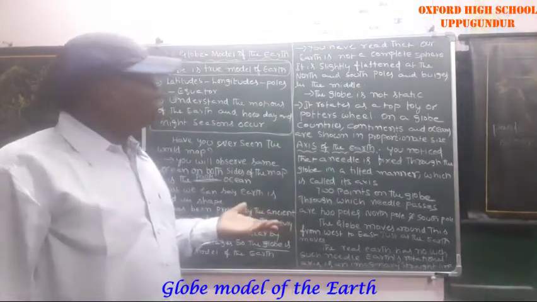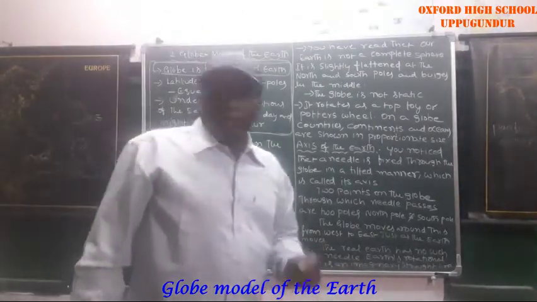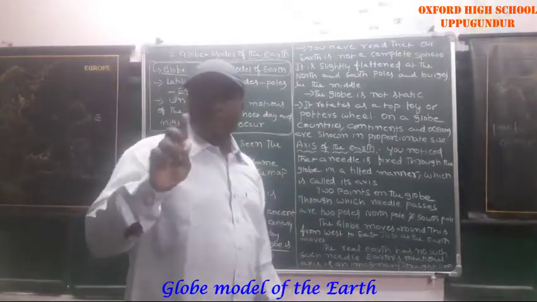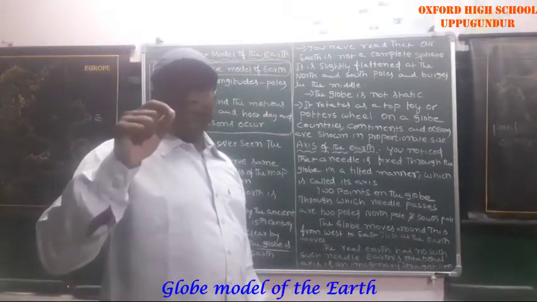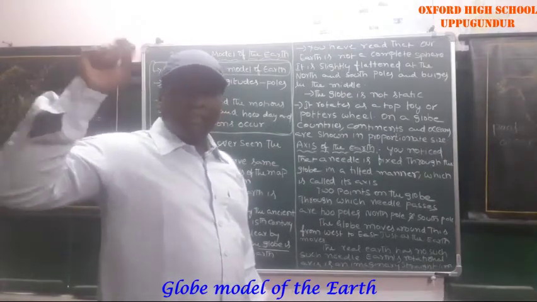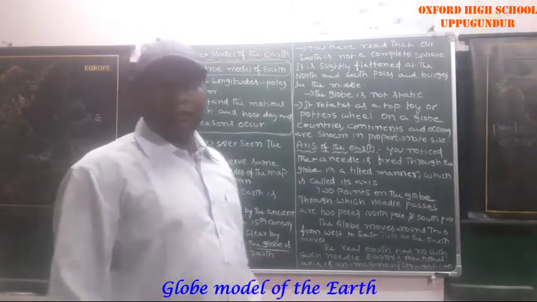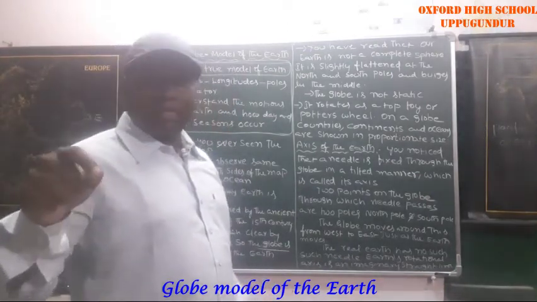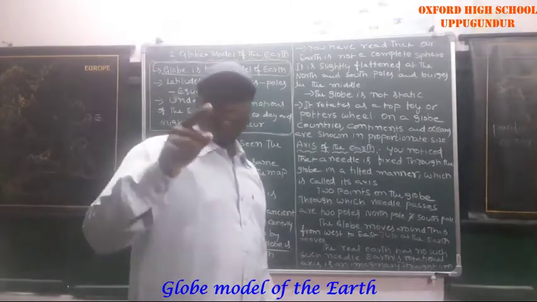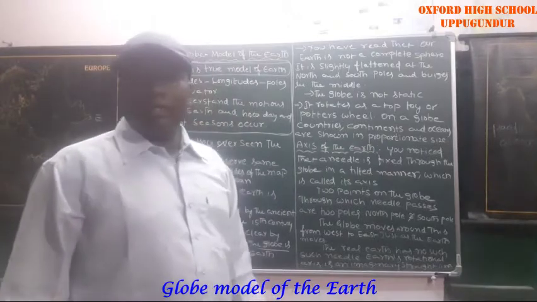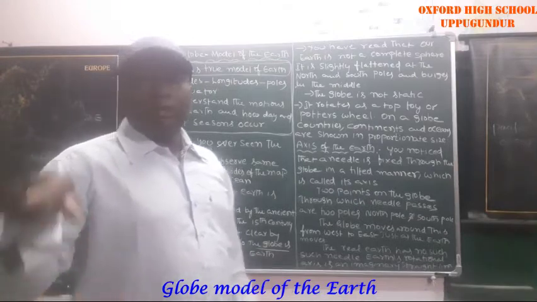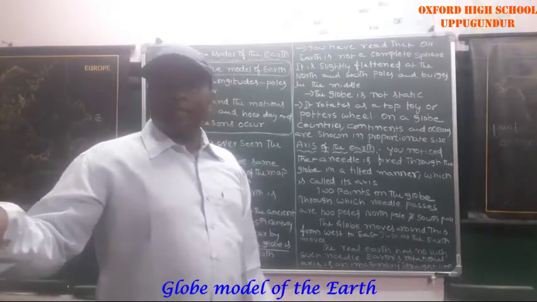Just now I explained to you. So tell me, 0 degrees latitude is called the equator. 23 and a half degrees north latitude is called the Tropic of Cancer. 23 and a half degrees south latitude is called the Tropic of Capricorn. 66 and a half degrees north latitude is called the Arctic Circle. 66 and a half degrees south latitude is called the Antarctic Circle.